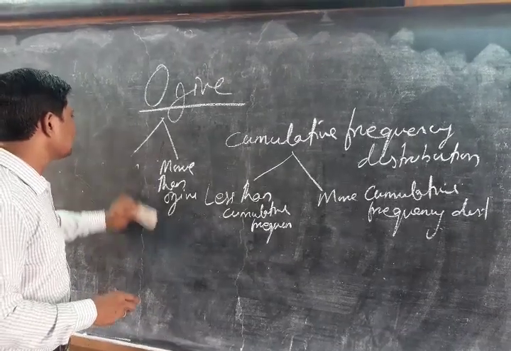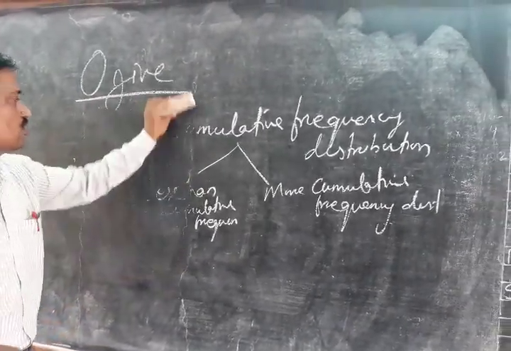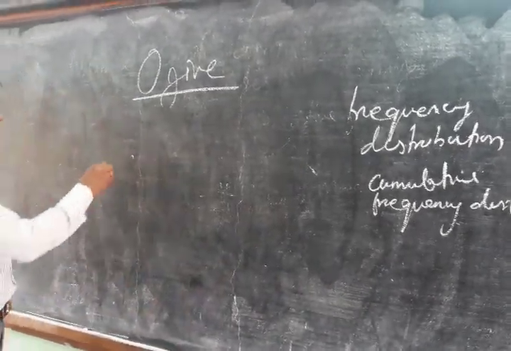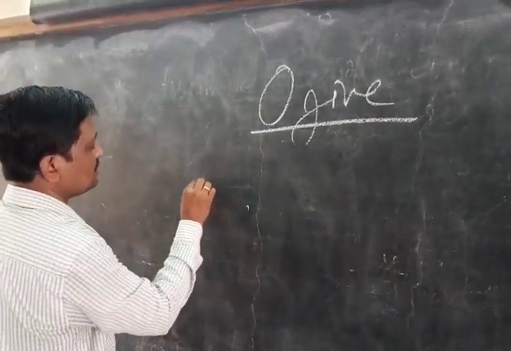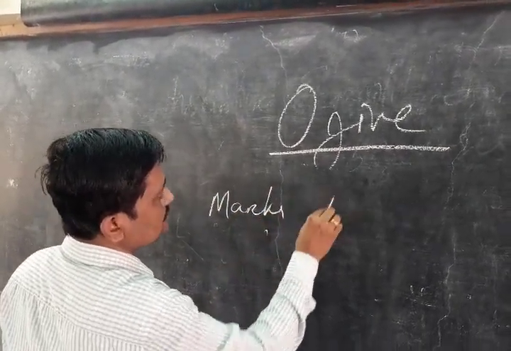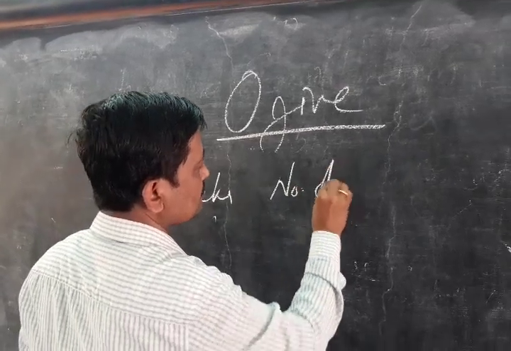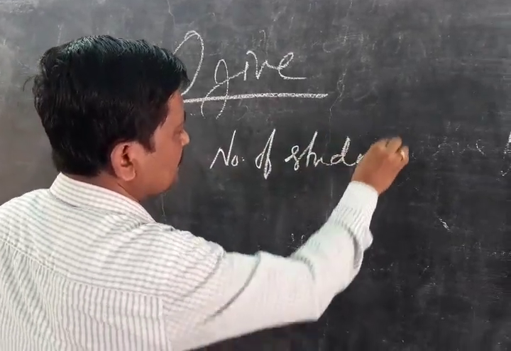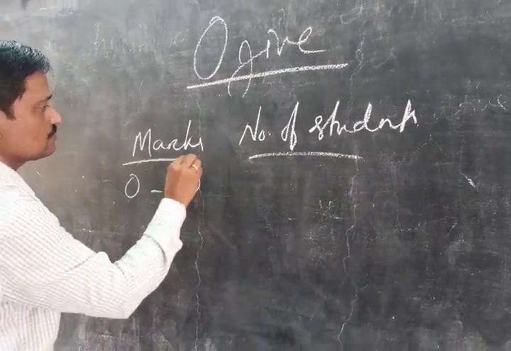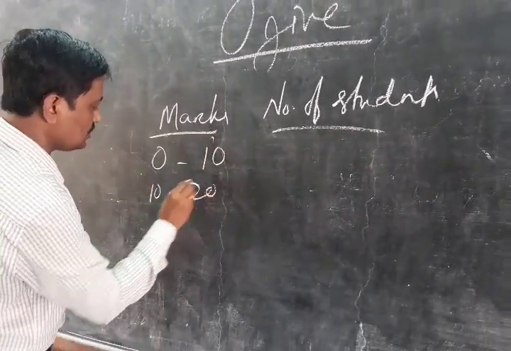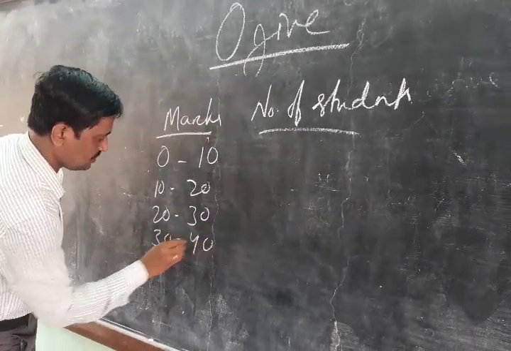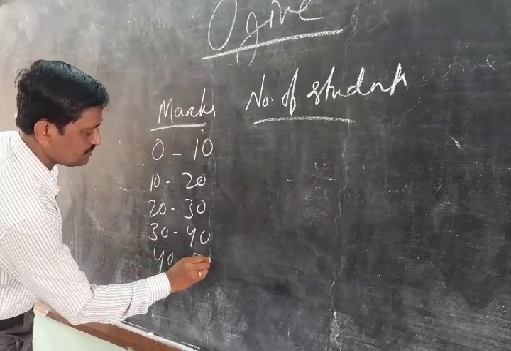Let us take one example of how to construct the ogive. Let's say one frequency distribution is given like this: marks, number of students, 0 to 10, 10 to 20, 20 to 30, 30 to 40, 40 to 50.